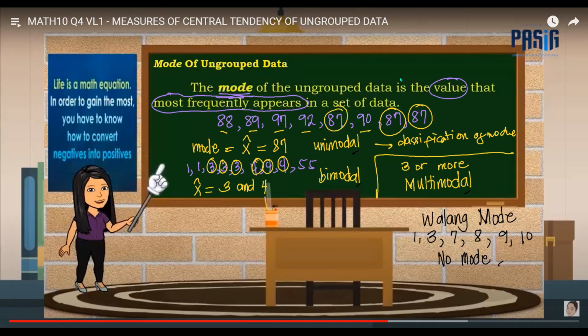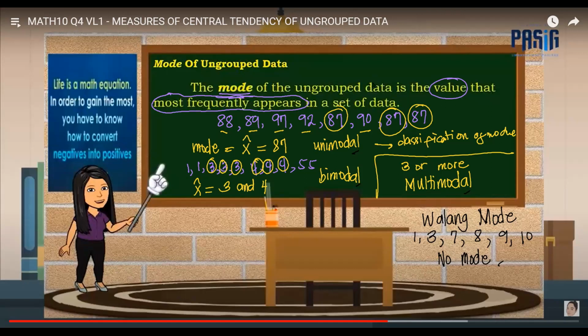So we are done with mean, median, and mode of ungrouped data. So pag sinabi natin mean, it is the average. Pag median, it is the middle value. Ganon din naman sa group, kaya lang iba yung way ng pagsosolve natin doon. Pare-pareho lang sila ng definition.